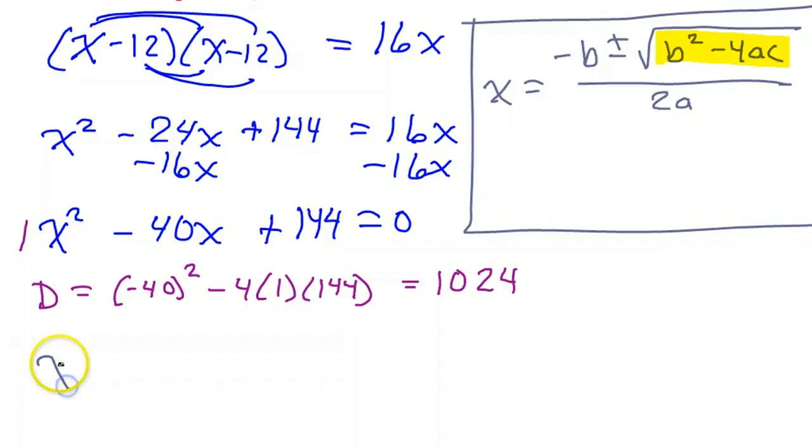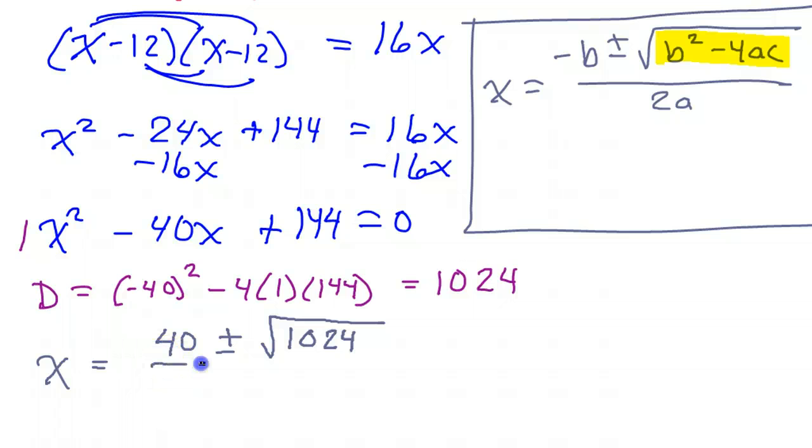So the quadratic formula is x equals the opposite of b, so that'll be positive 40, plus or minus the square root, and we already found the discriminant, so it's 1024, all over 2a. So 2 times 1 is 2.